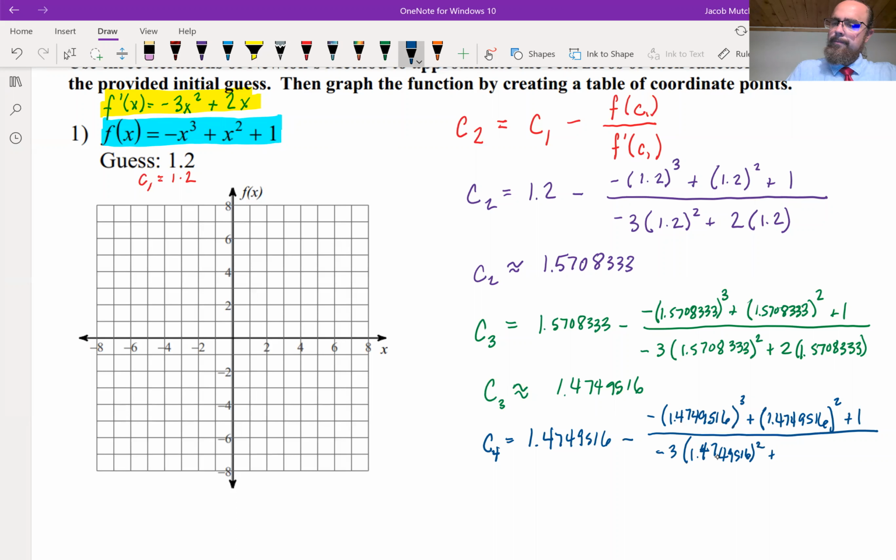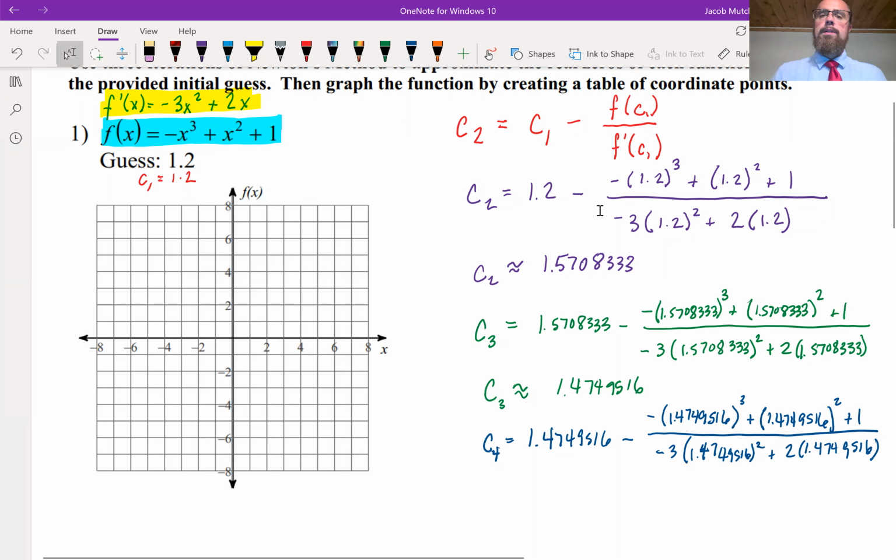Squared plus 2 times the same value, 1.47495516. And this will be our final iteration. And then at that point, we want to graph the function and see whereabouts are we in terms of locating the actual 0. So one last time to the calculator.